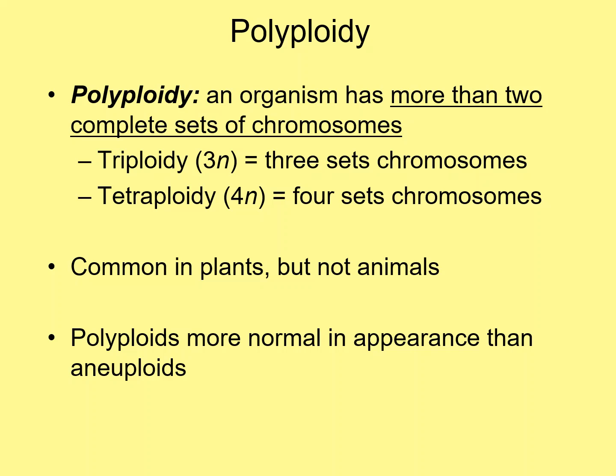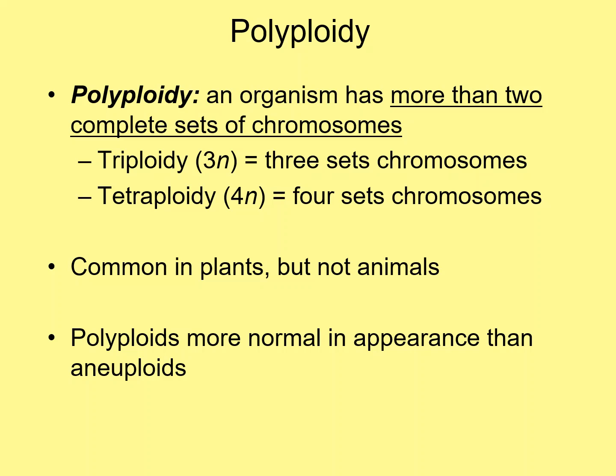That extra information does not affect their function at all, except, of course, to make them a separate species that can no longer interbreed with their parent species. In fact, it's thought that up to 80% of our current living plant species were formed as a result of polyploidy occurring. So that's an extra set.